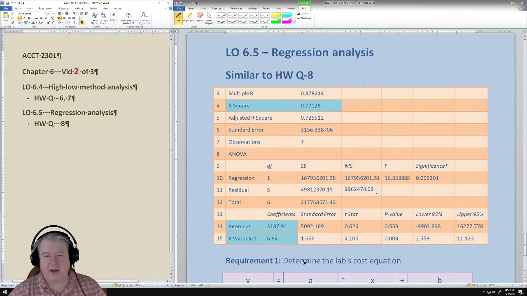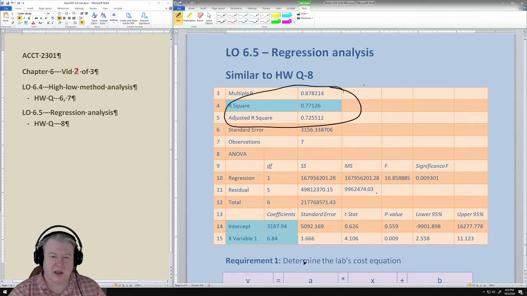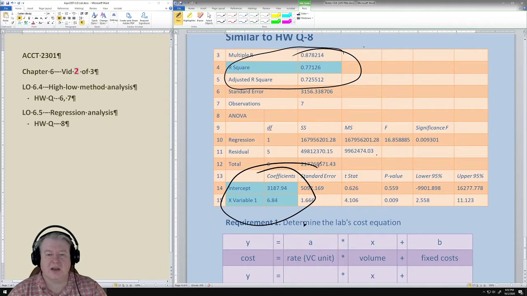But when you feed all the data into a computer and do regression, it will give you a whole big output like this. And in fact, it can give you a whole lot more. But we're focusing on these three things, the R-square and the coefficients. All we really need to know is the R-square tells us something about how good the regression is.